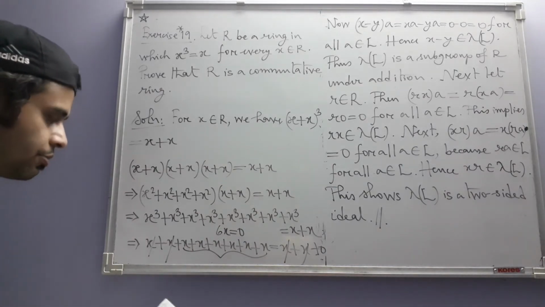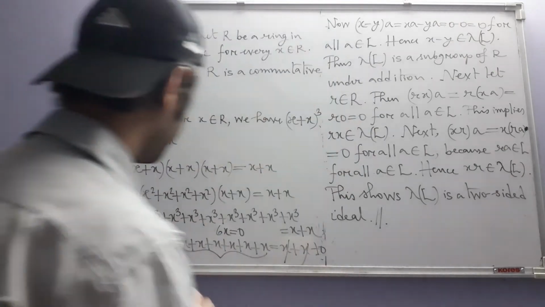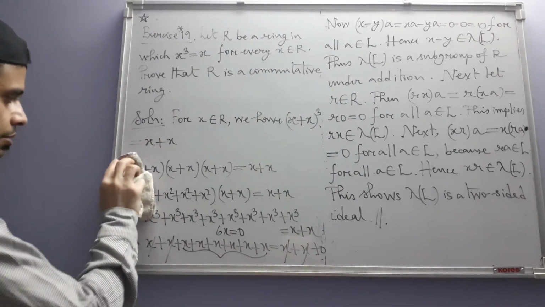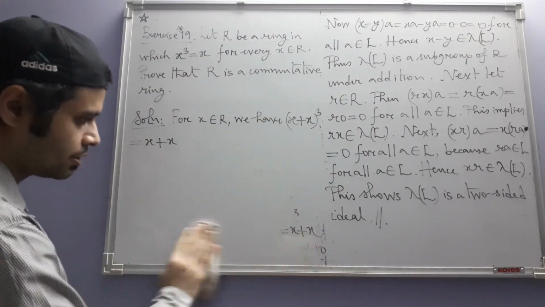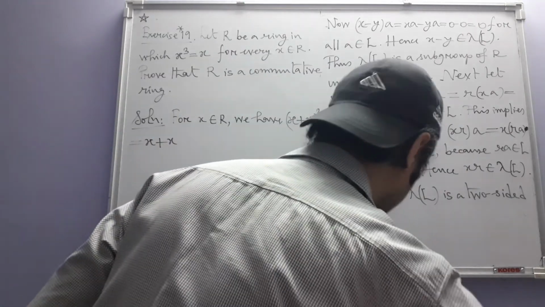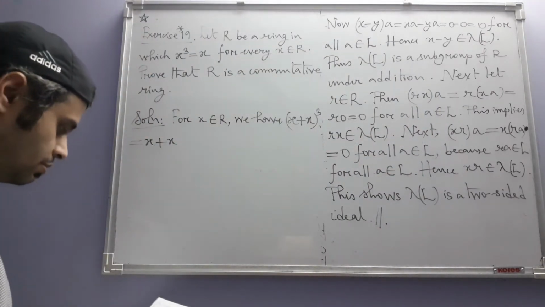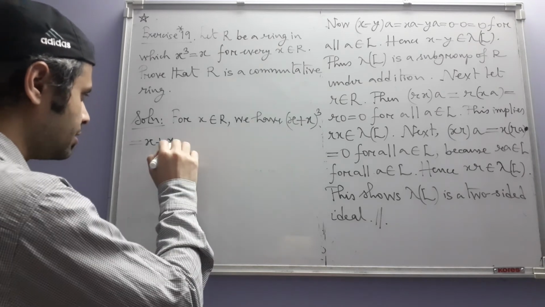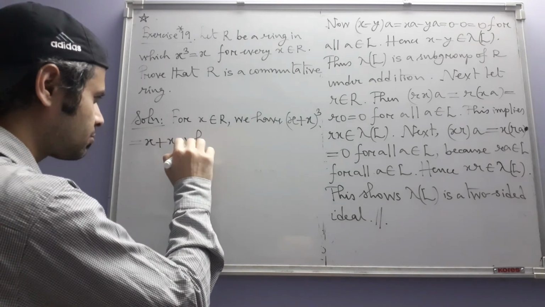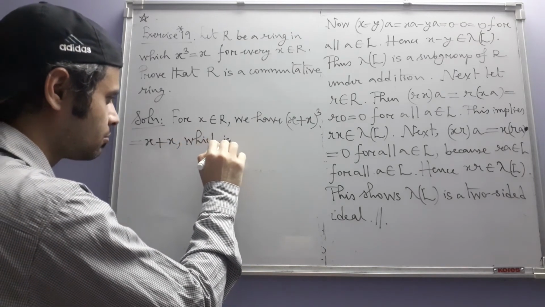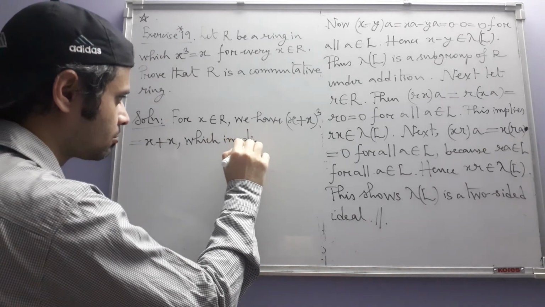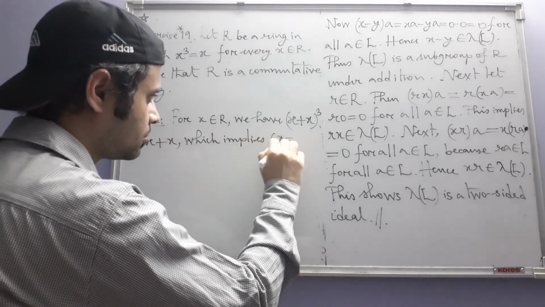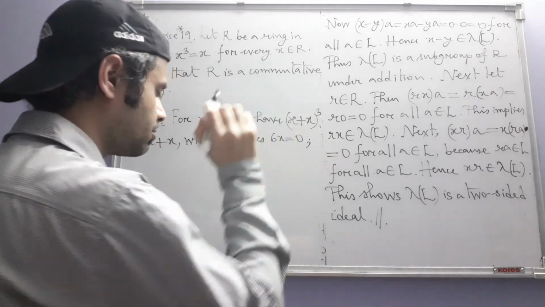We have seen this calculation. From this we get 6x equal to 0, so we are just simply going to write this, which implies 6x is equal to 0.